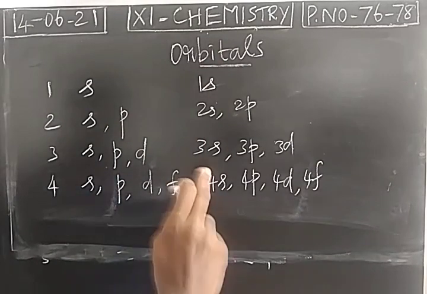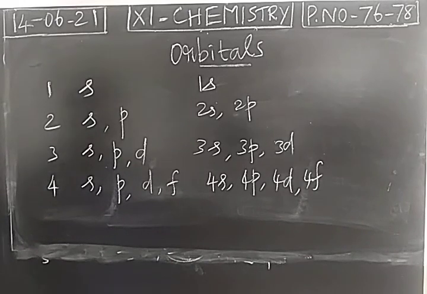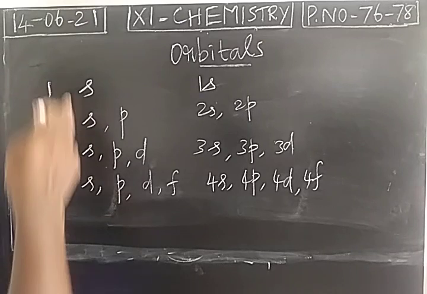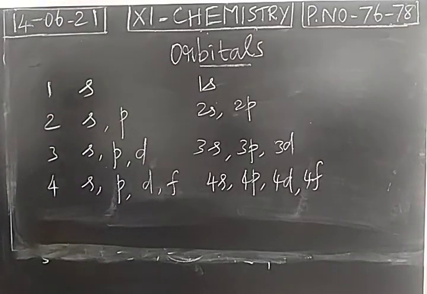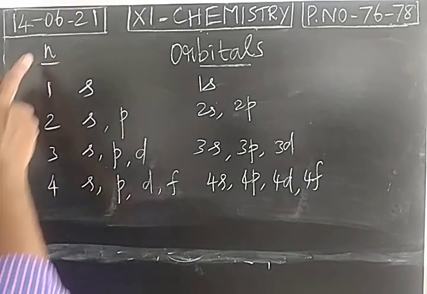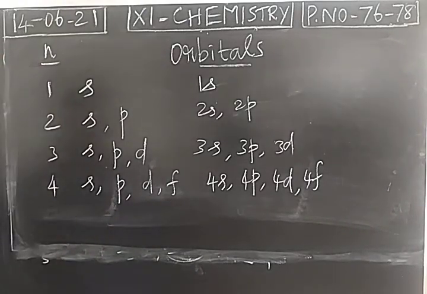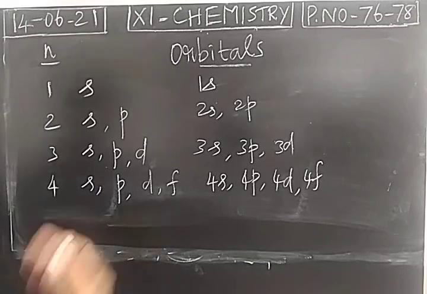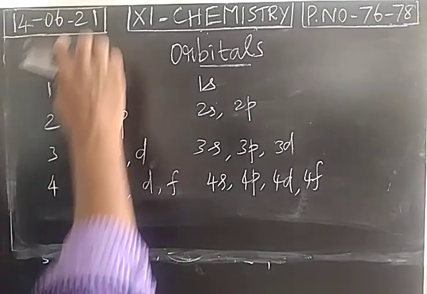These are all the notations of atomic orbitals in each shell. And we know that the shell is represented by the principal quantum number. Small n represents the principal quantum number. So you should know what orbitals are present in each shell.